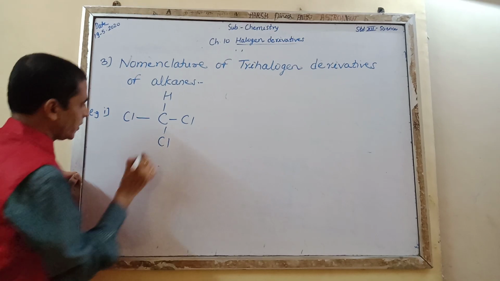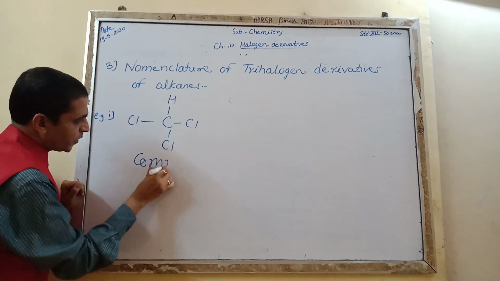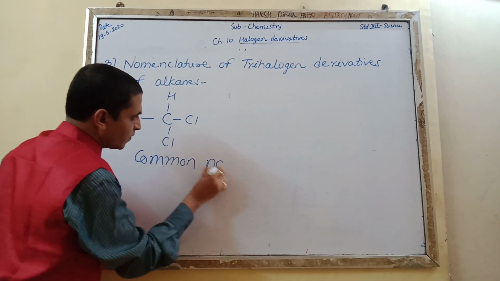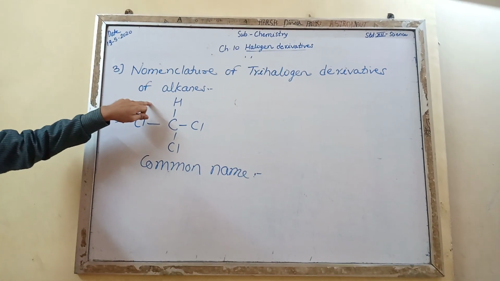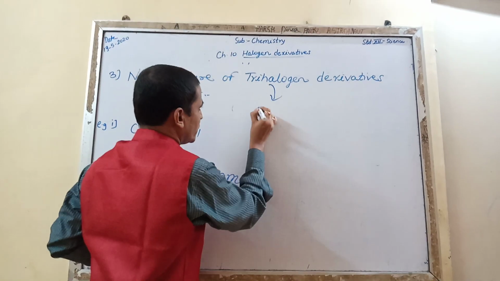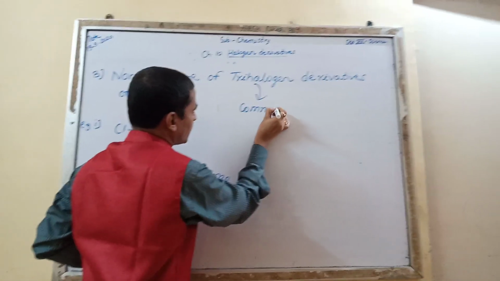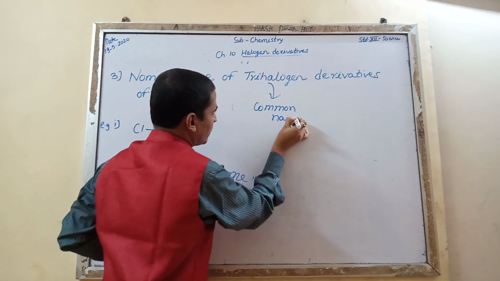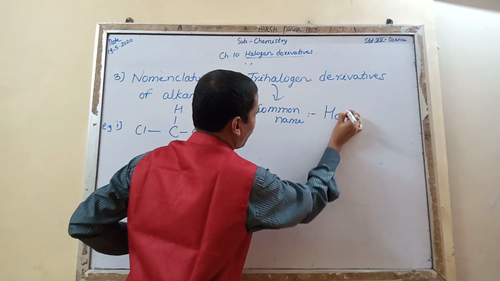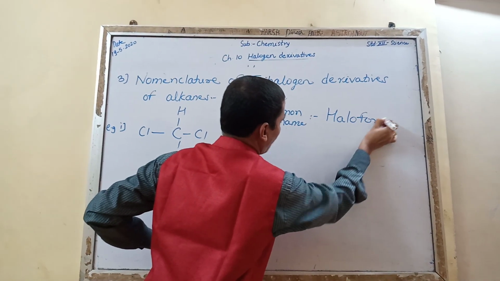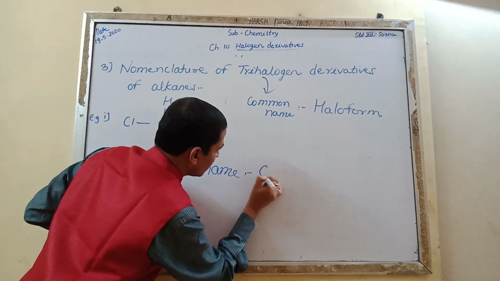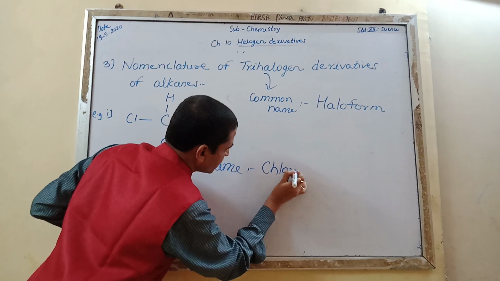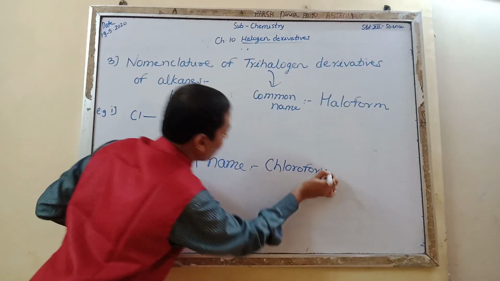For trihalogen derivatives, the common name is written as haloform. So for this structure, the halogen is chlorine, so it is written as chloroform.